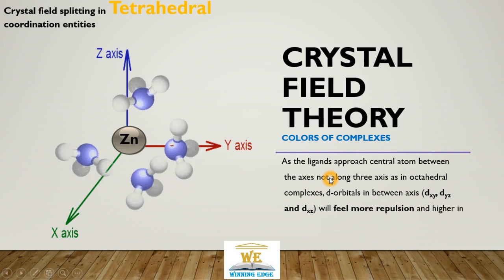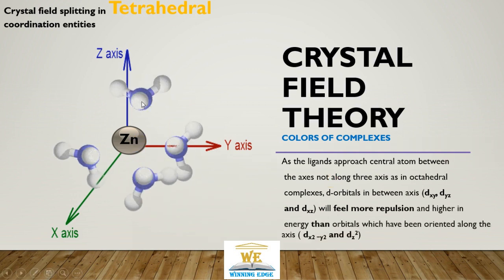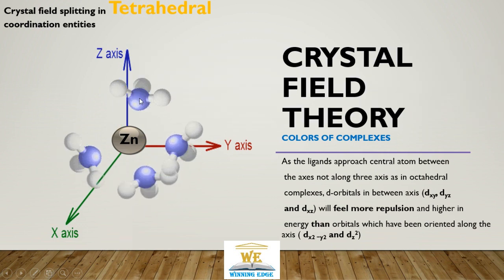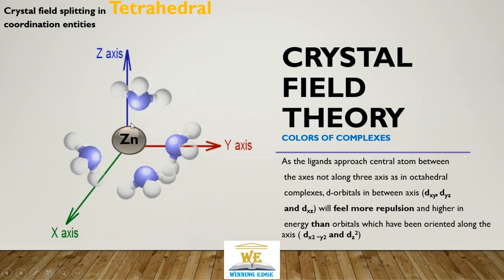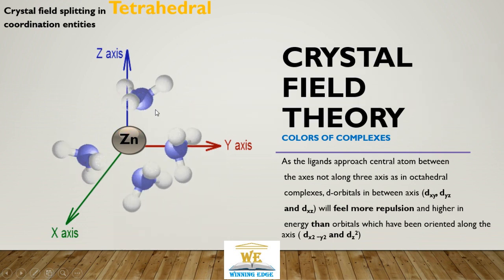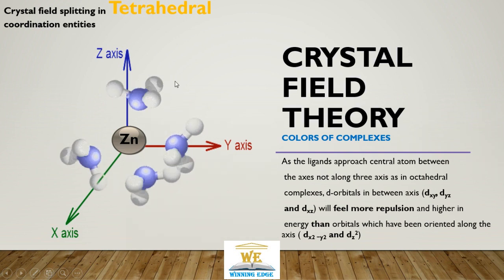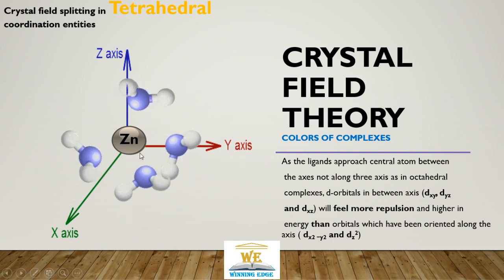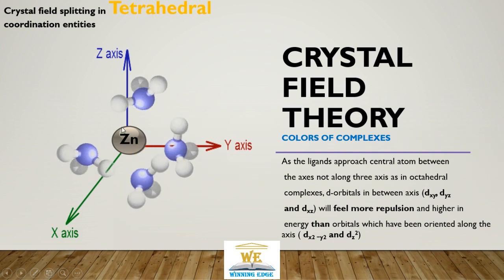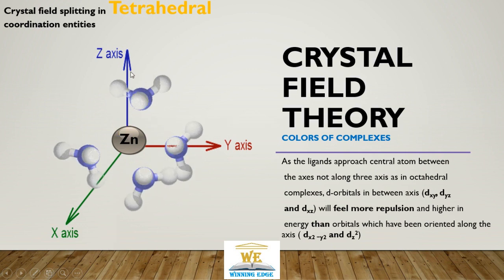So, opposite to the octahedral complexes in which ligands directly approach the axes, in tetrahedral complexes ligands approach along the inter-axis points. So the orbitals which are lying in between the axes will experience greater repulsive force compared to the ligands lying directly along the axes.